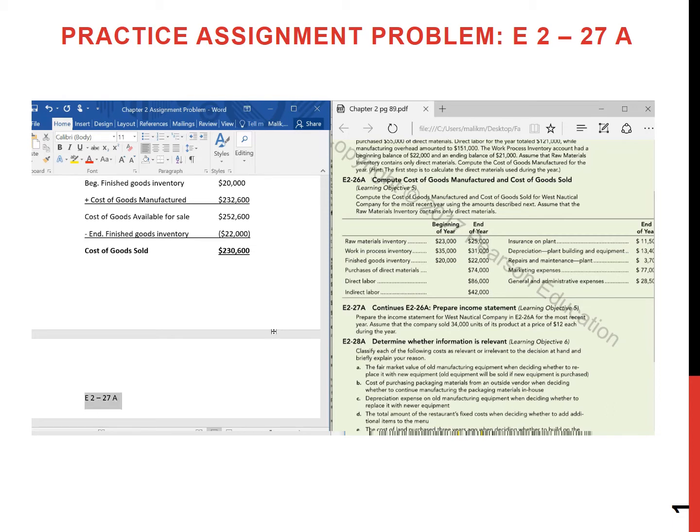E227A. And for this problem, we will prepare income statement. So if you know the name of the company, you should write it down. It says West Nautical Company.